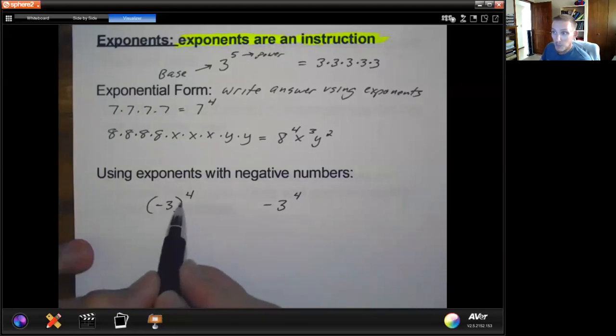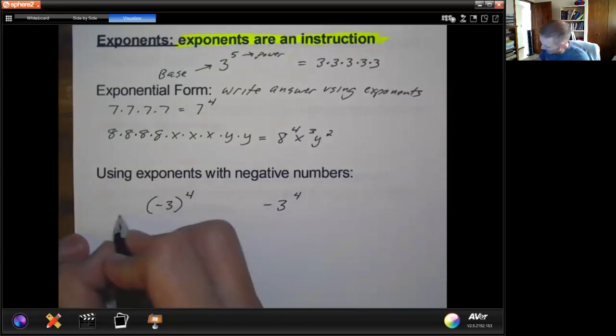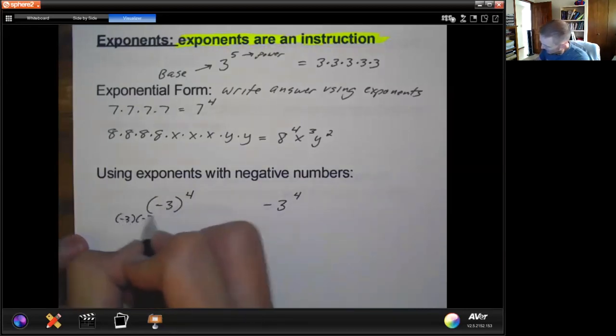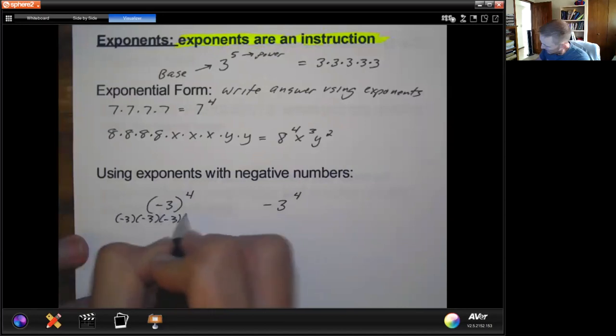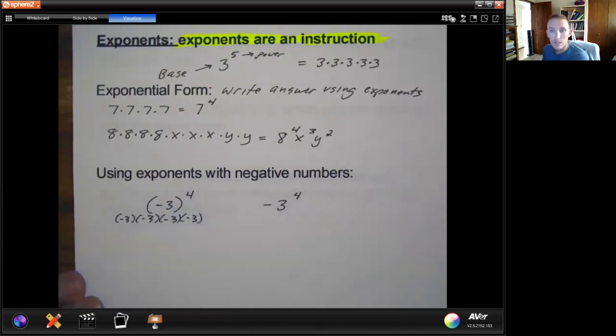So because it applies to the 3 and the negative, this is what it means. It means -3 times -3 times -3 times -3. Well, if we go back to our integer rules from earlier in the year, this is multiplication with 4 negatives.